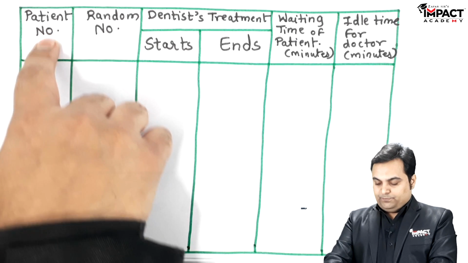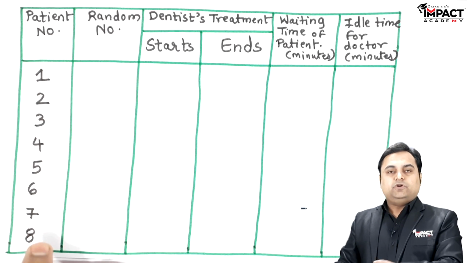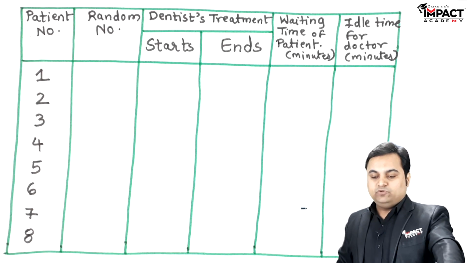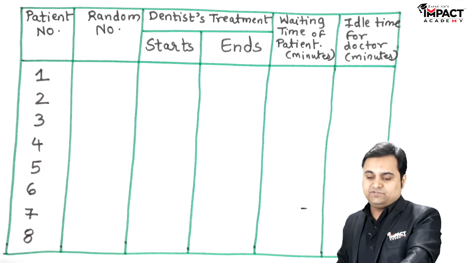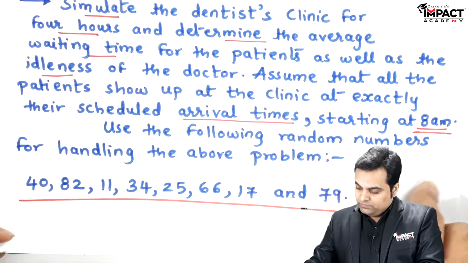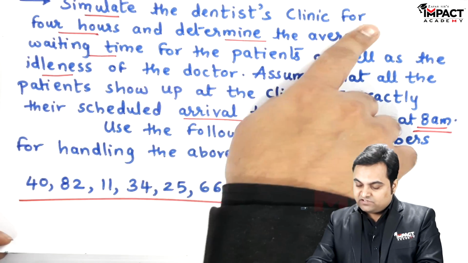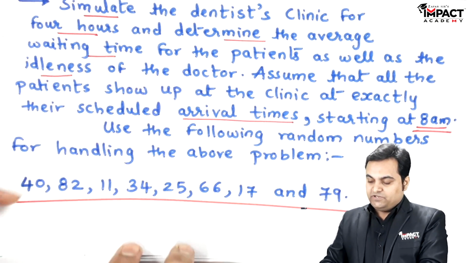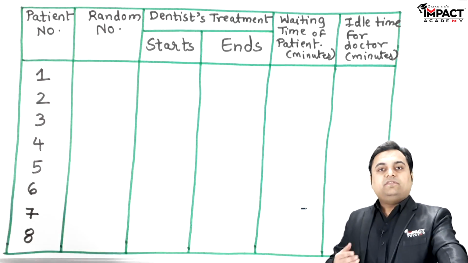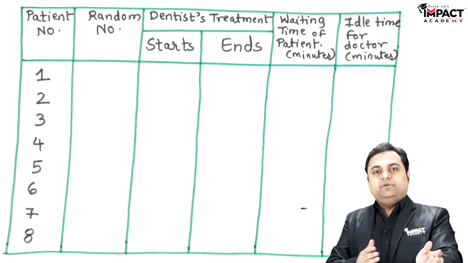Starting with the first column, patient number. There are 8 patients because it is mentioned in the question. We have to simulate the dentist clinic for 4 hours, and each patient is given an appointment of 30 minutes duration.